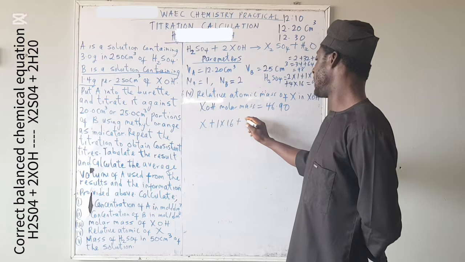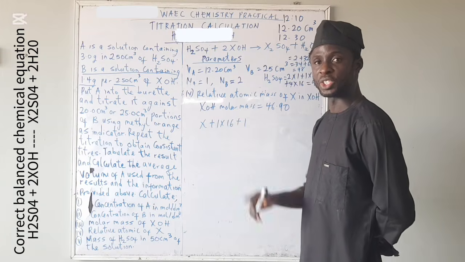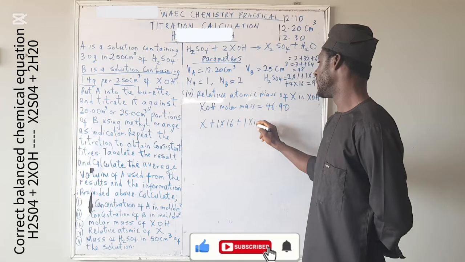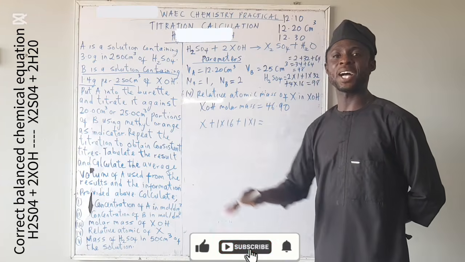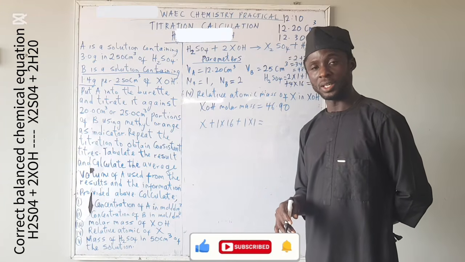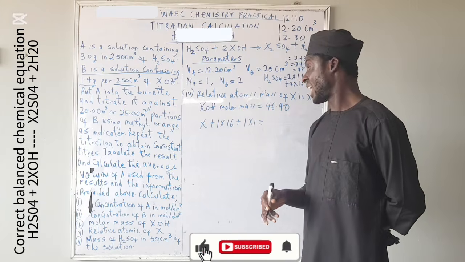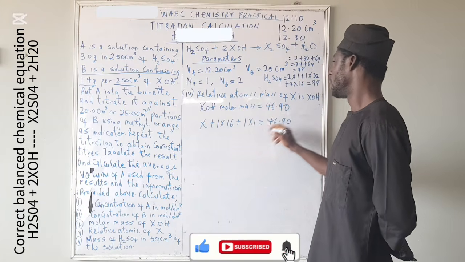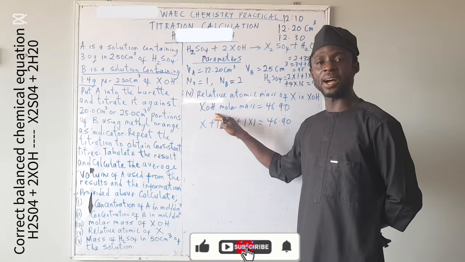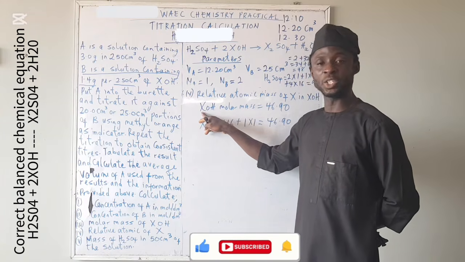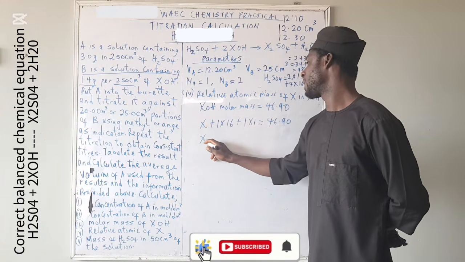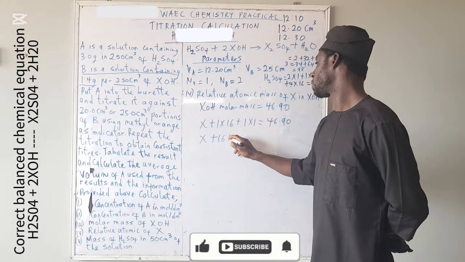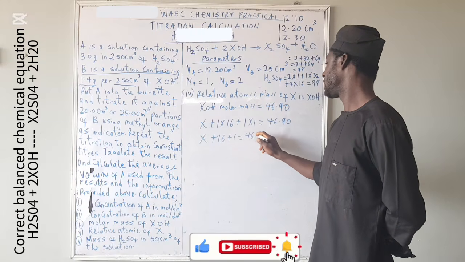How many atoms here? 1. The molar mass of hydrogen is 1. That will be 1 times 1, equal to the molar mass of the compound, SOH, which is 46.90. We have to know the atomic mass of the other atoms to find the unknown. So this now becomes S plus 16 plus 1 is equal to 46.90.